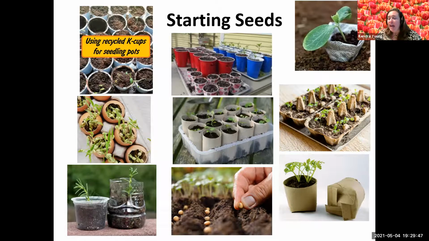You can use old egg cartons, toilet paper rolls, or even an eggshell itself. Plastic bottles, yogurt containers, soda pop bottles, planting directly into the soil, or paper towel rolls or toilet paper rolls are great seed starters. Plant those seeds, get them started, and then move them into your garden.